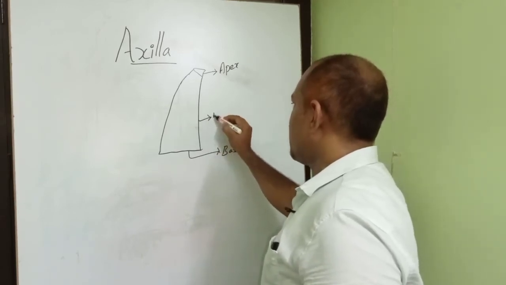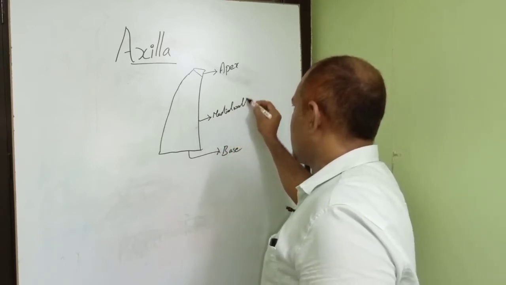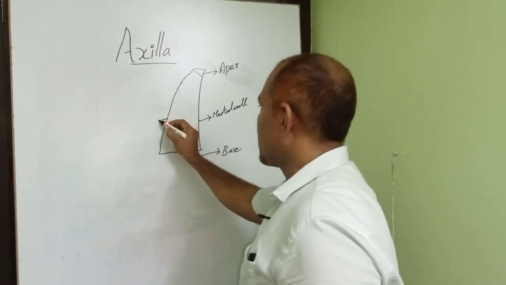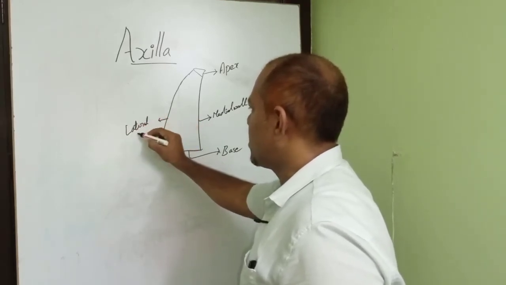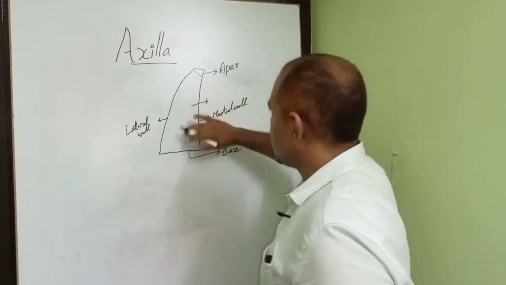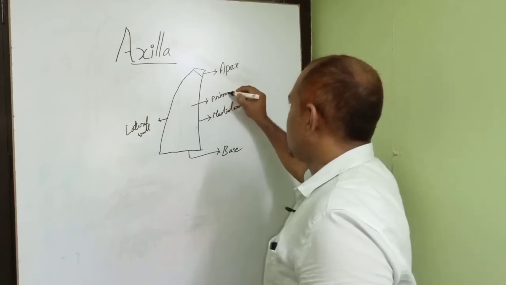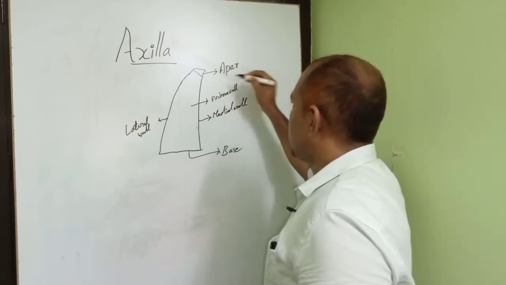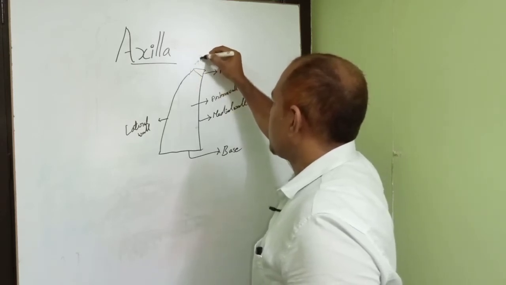Here you can see the medial wall and this is the lateral wall. And this entire region is called the anterior wall, and behind that is the posterior wall.